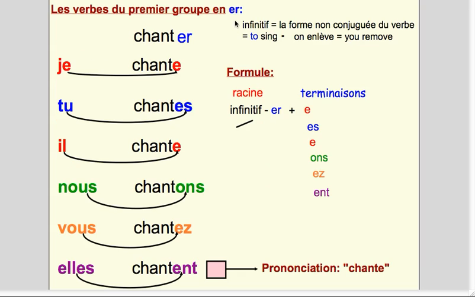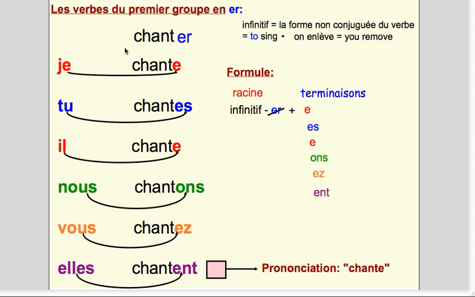So here's the formula to do ER verbs in French. You take the infinitive for the stem, okay? You remove ER, on enlève, which is an expression I use often, which means you remove, okay? So you remove ER, and then you add these endings: e, es, e, ons, ez, ent, all right?